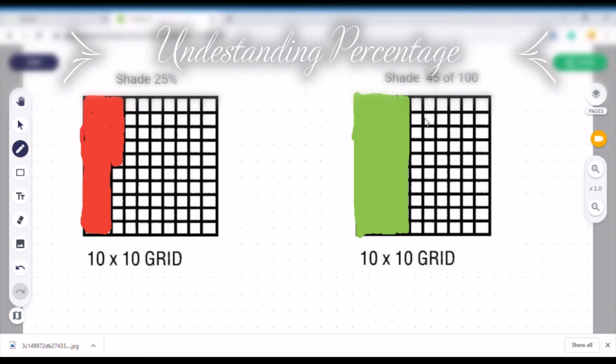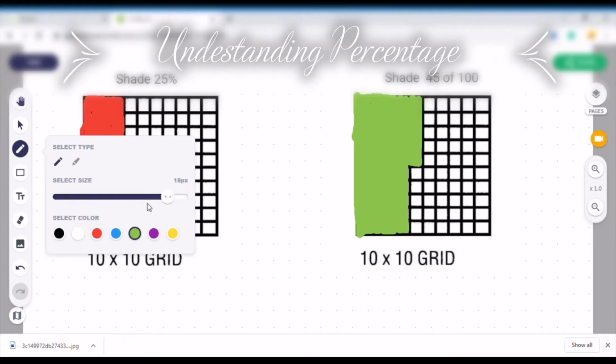And then 5: 1, 2, 3, 4, 5. So this is 45%.